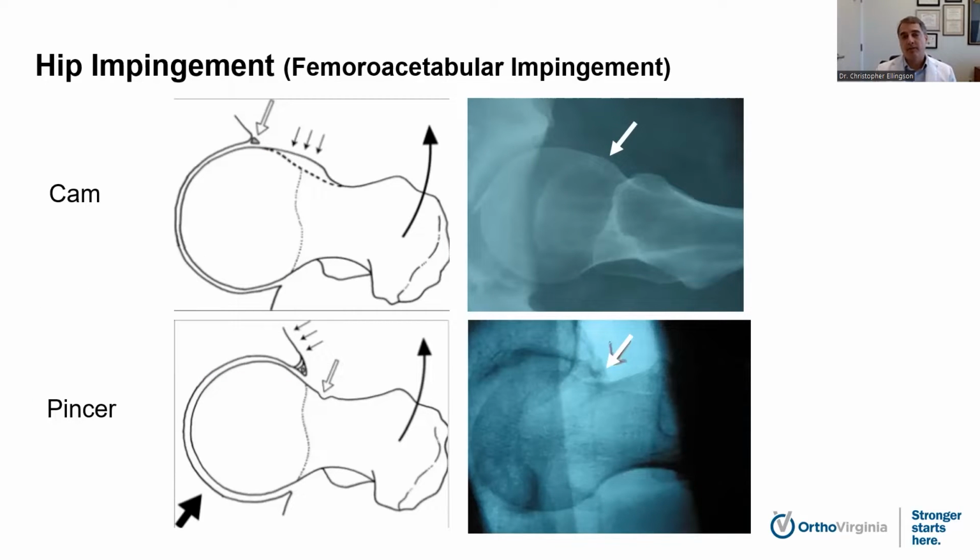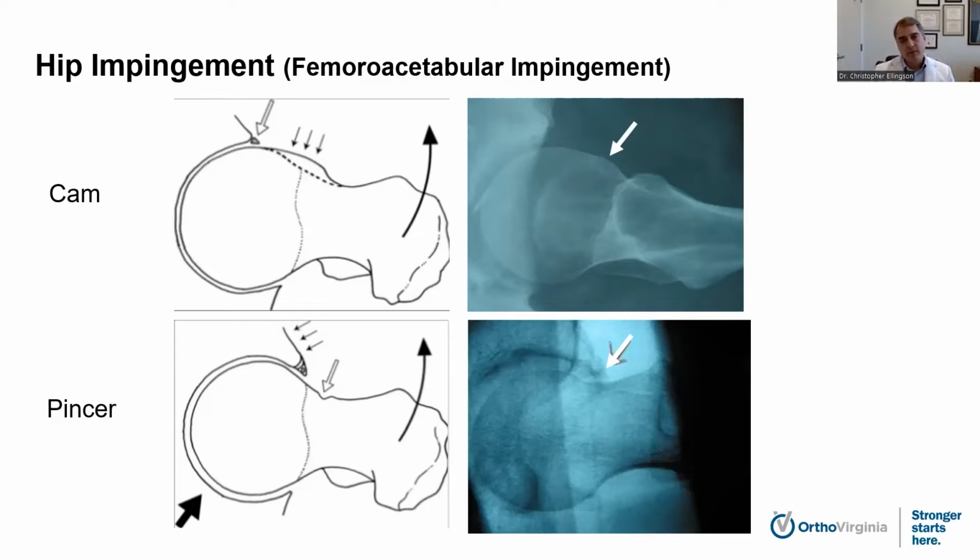Hip impingement or femoroacetabular impingement is a condition in which there's a slight asymmetry in how the bone was formed, specifically the junction between the ball and the neck, which is part of the femur. In this view, we can see that there are two main types of impingement. One is called a cam impingement, which is simply a prominence or a bump on the femoral side that, as we flex our hip up and rotate, can engage the edge of the acetabulum or the edge of the socket, resulting in symptoms associated with hip impingement, as well as some of the labral tears that we see.